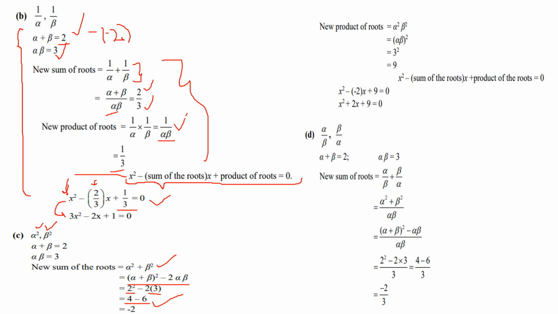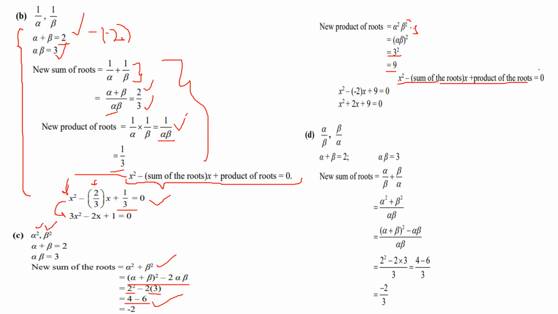If you go to the product of roots, you have alpha squared multiplied by beta squared, and then using indices, you factorize out the power outside the bracket. You remain with the square bracket of alpha beta, and alpha beta is the same as 3. So 3 squared is equal to 9. So the equation is given by x squared minus the bracket of sum of roots x plus the product of roots being equal to 0.